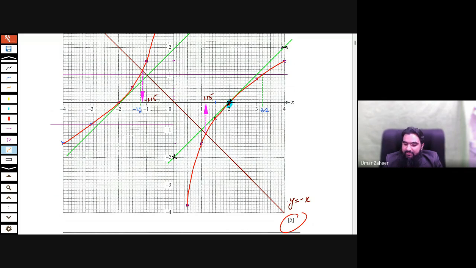Where can we draw the line? For example, look at here, if I draw the line here, it cuts the graph. If I draw the line here, it cuts the graph. So where do I have to draw a line that will never cut the graph? Anyone?